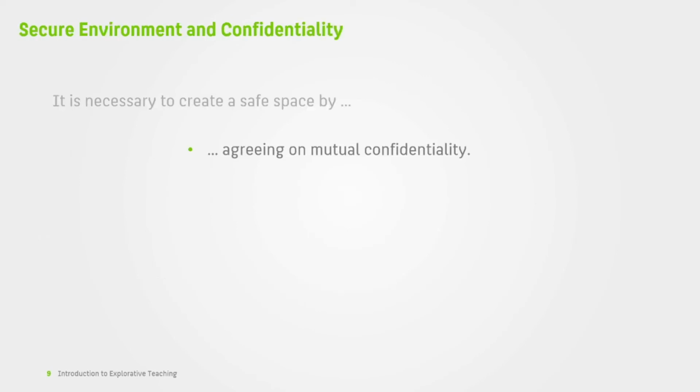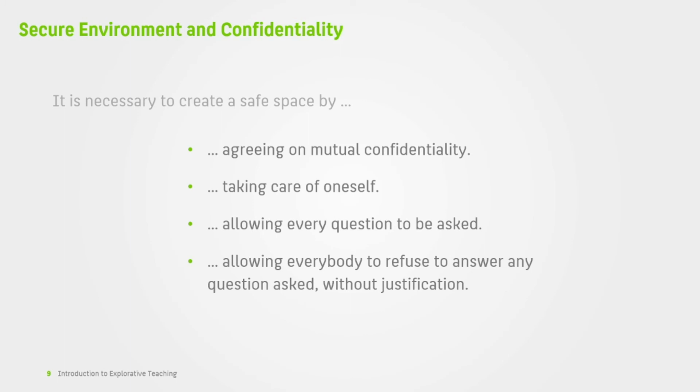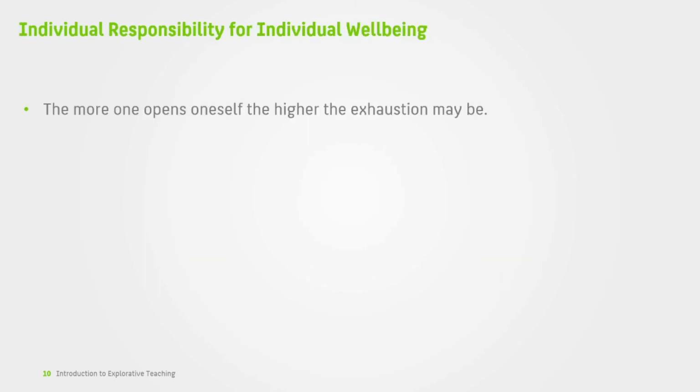It is necessary to create a safe space by agreeing on mutual confidentiality, by taking care of oneself, by allowing every question to be asked, and by allowing everybody to refuse to answer any question asked without justification. Individual responsibility for individual well-being.